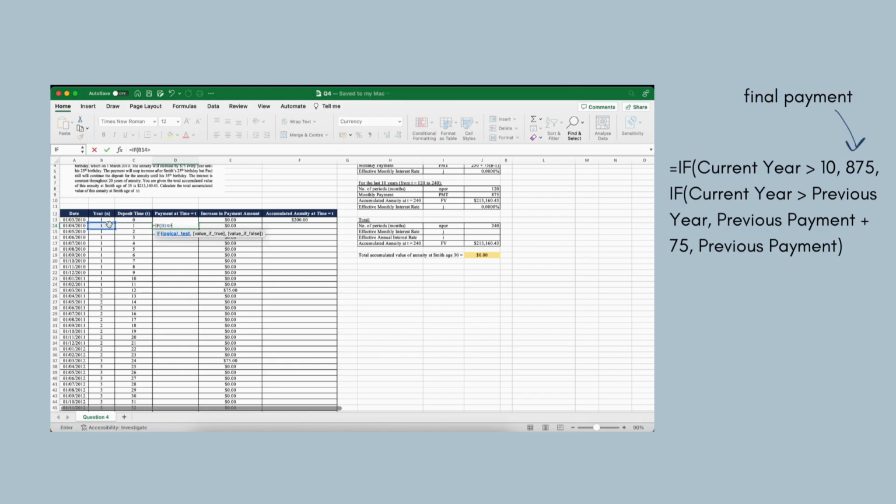So if the current year is more than 10, then the payment will be $875. And we'll insert another if function.